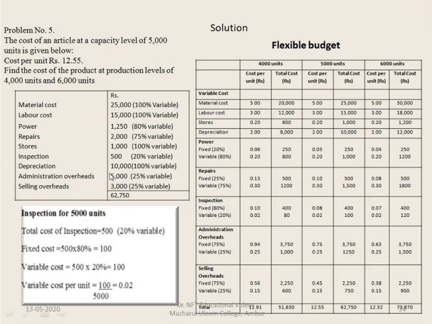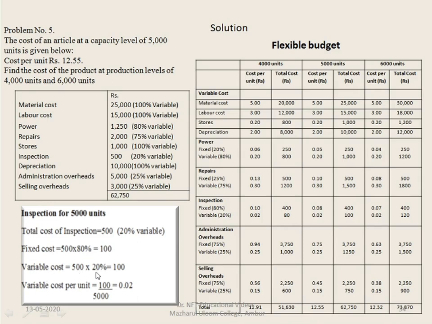Again, for inspection, 500 is the inspection cost where 20% is variable. So 80% is fixed. 500 into 80% is 400.